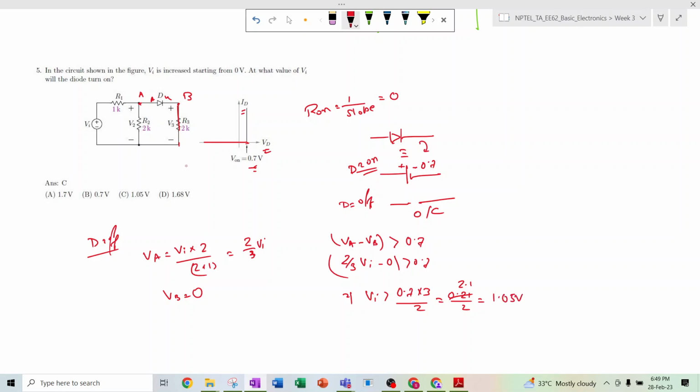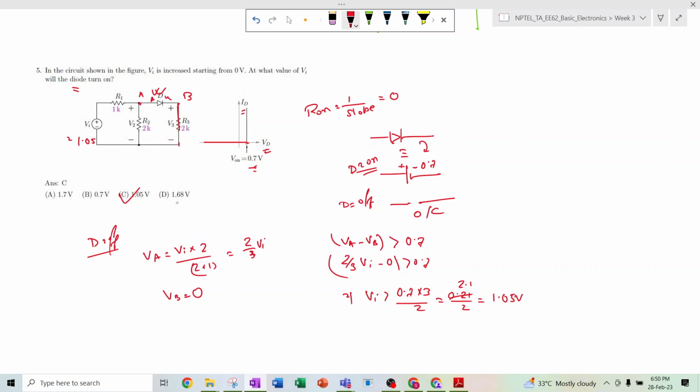So whenever this voltage Vi becomes 1.05 volt, then the diode turns on, right? So this will be answer C, 1.05 volt. So how do we generally calculate?